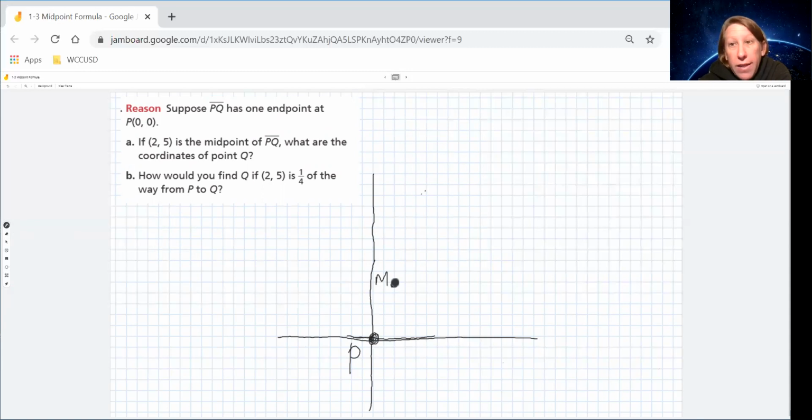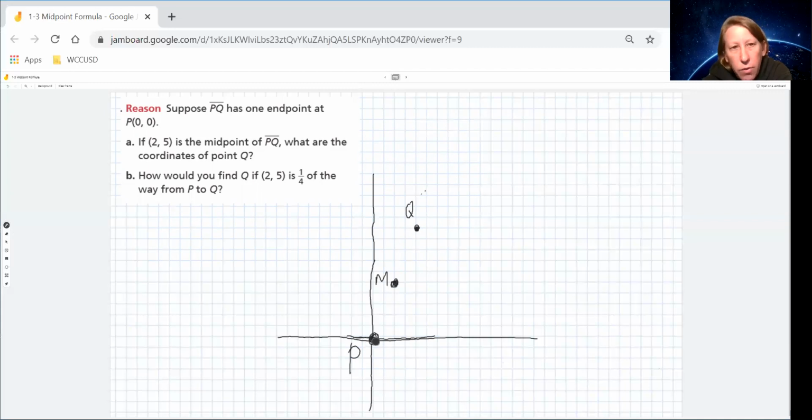So if I want to find the other endpoint, I've got to do that again. I have to go up 1, 2, 3, 4, 5 and right 2. That is going to be point Q. So up 5, right 2, up 5, right 2, that gets me to the coordinates.